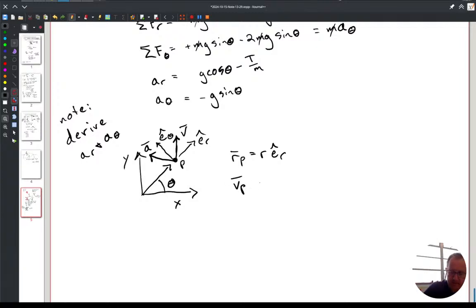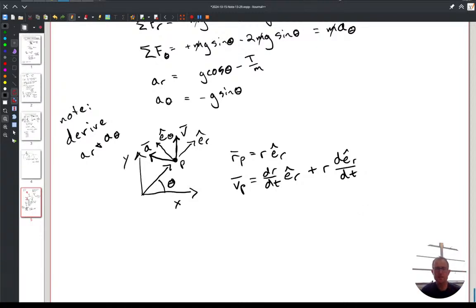So velocity of P is going to be the change in R, so dr dt times ER, plus R times the change in ER, d ER dt.